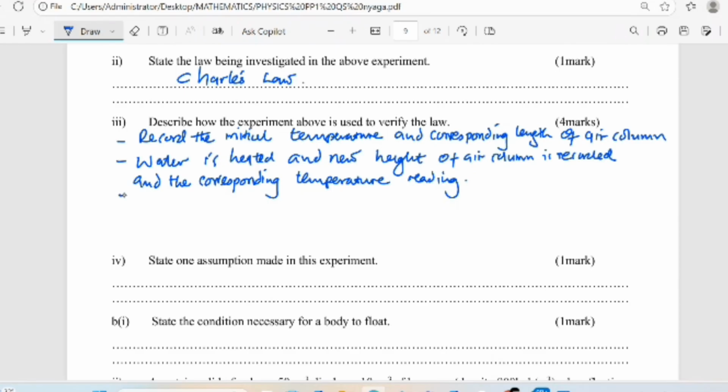So repeat the same process for several values, and tabulate.